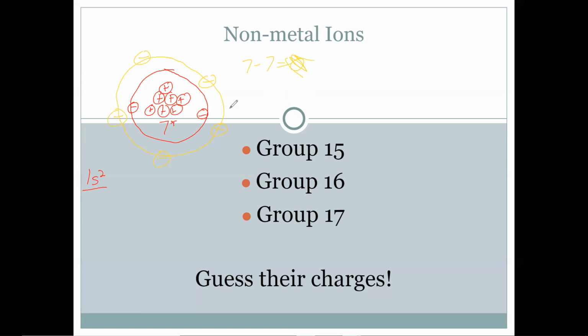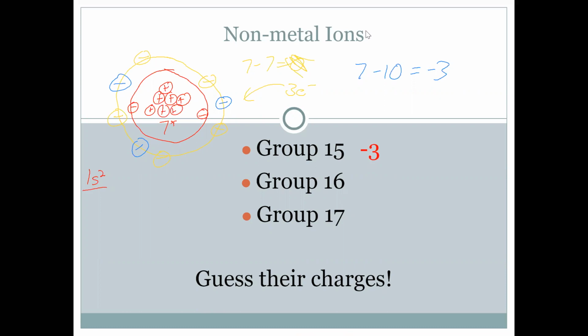So what nitrogen is going to do is it's going to gain 3 electrons. And so those electrons, I'm going to do that in a different color once again. Those electrons are going to come in and populate that valence shell. But now if we do our raw amount of positives and raw amount of negatives, we still have 7 positives, but now we have 1, 2, 3, 4, 5, 6, 7, 8, 9, 10 negatives, which gives us a -3 charge. So that's where that is coming from, okay?